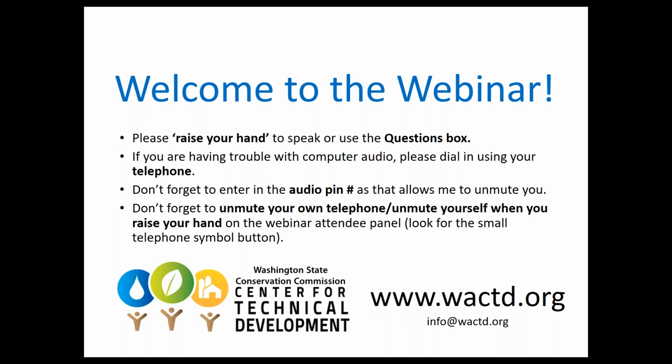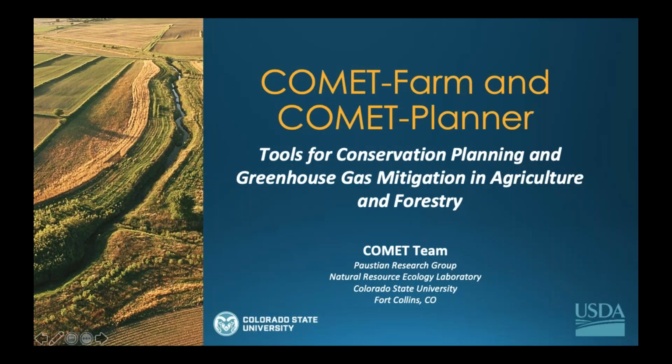And today we have Haley Nagel from Colorado State University with us, who will be presenting one of the modules of this tool, the Cropland demo portion. And in the future, as you saw, in a couple weeks, she'll be highlighting the animal ag tool. So we've got some great things that she's going to be showing us here today. And with that, I'm going to turn it over to you, Haley, and let you introduce yourself and the tool and get us going. So thank you so much for being with us today.